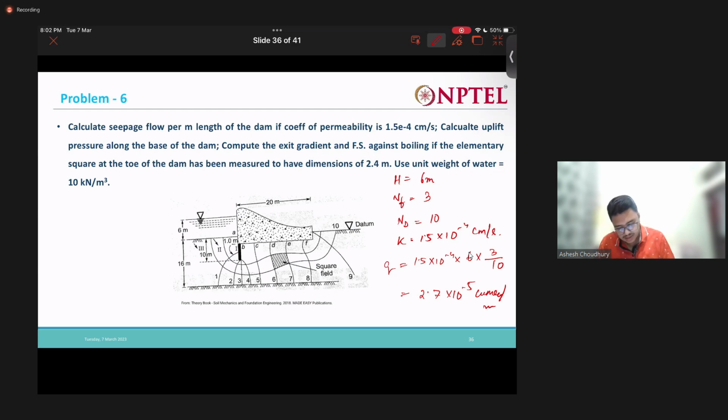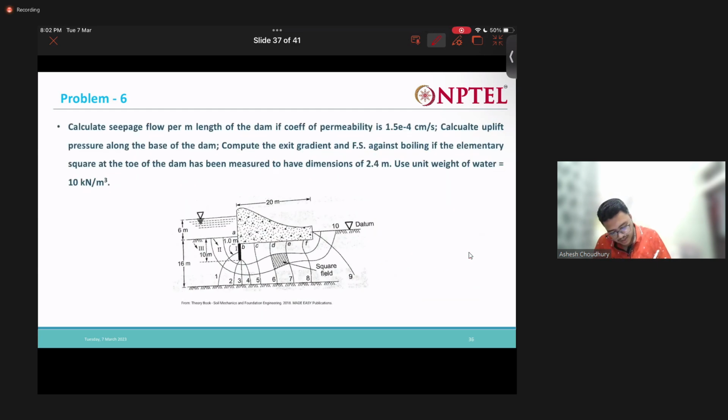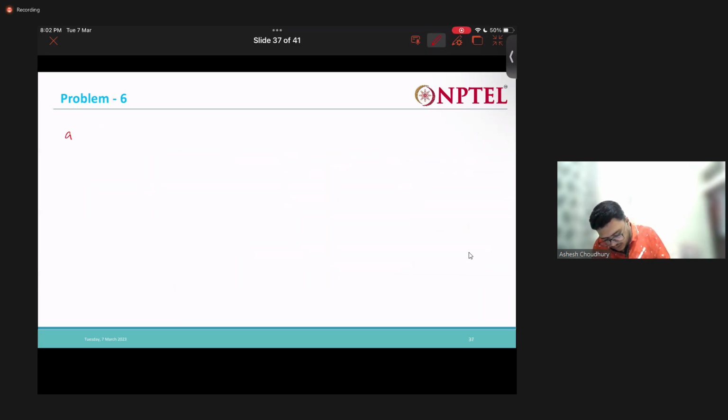Okay, so let us make a table for that. All the points, let me write A, B, C, D, E, F. Then we will have the number of drops. Then we will have total head.